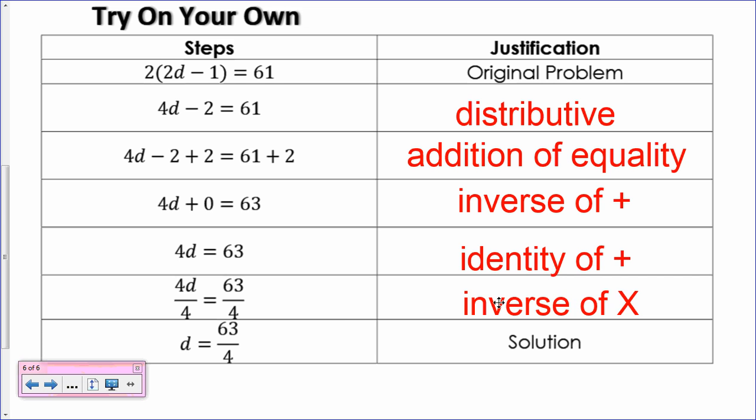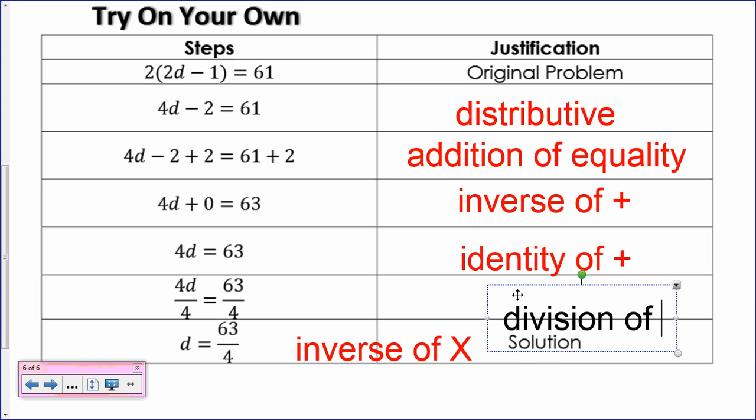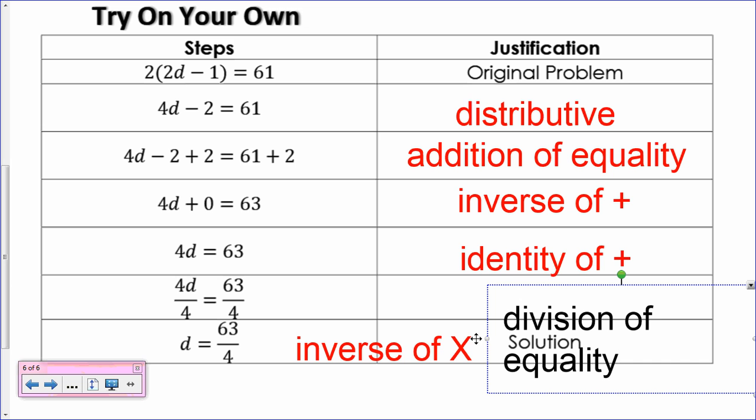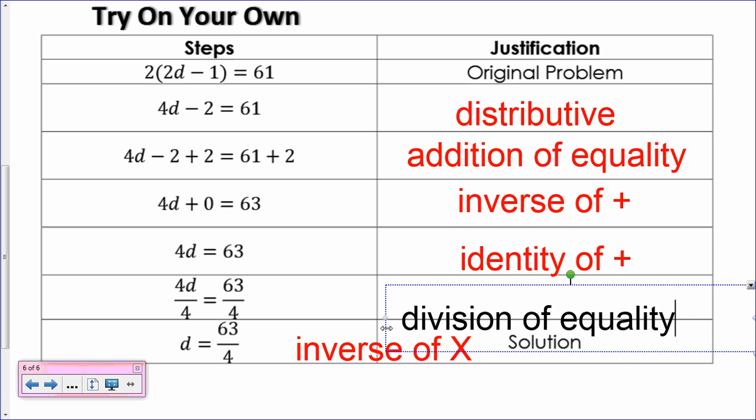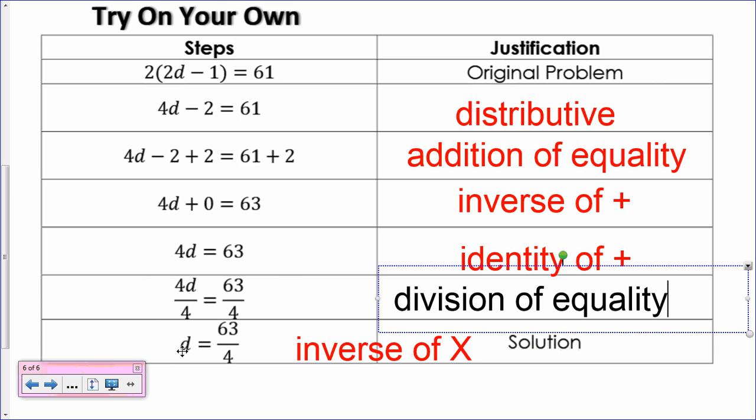Here again, this is the division property of equality, because I divided both sides by 4, and then 4d divided by 4 gives me 1d, or just d. That's the inverse property of multiplication, and that didn't even change, so just the inverse property of multiplication.